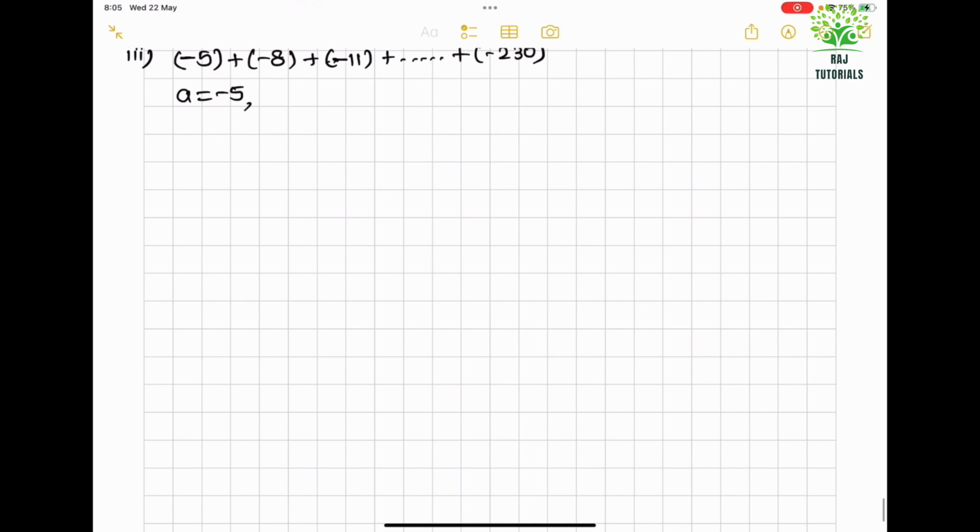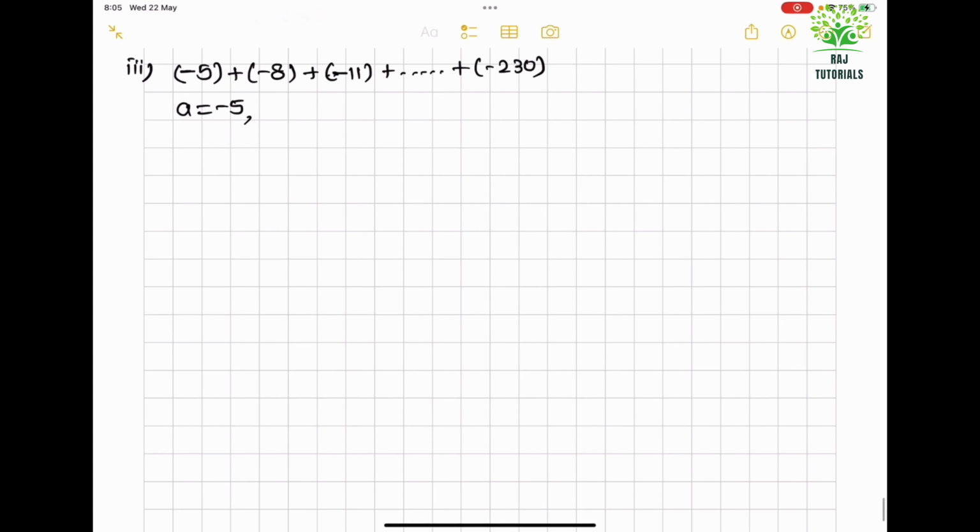Now the third one is minus 5 plus minus 8 plus minus 11 dot dot dot till minus 230. So a is minus 5, d is minus 8 minus of minus 5, so minus 3, and an is minus 230. An equal to a plus (n minus 1)d.